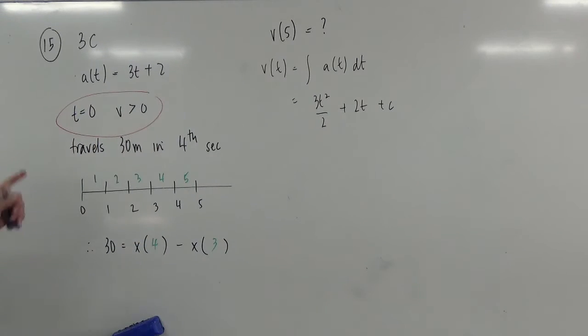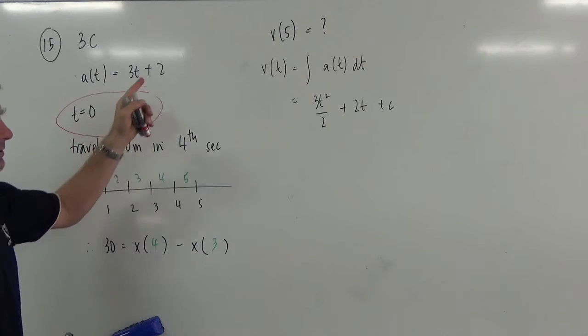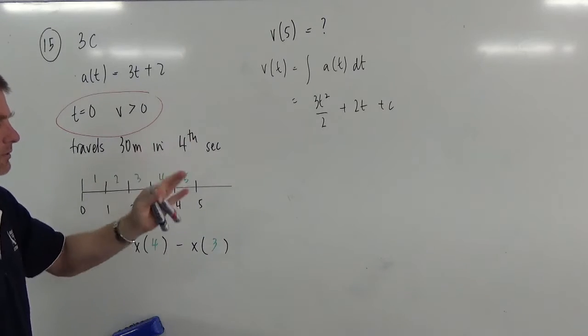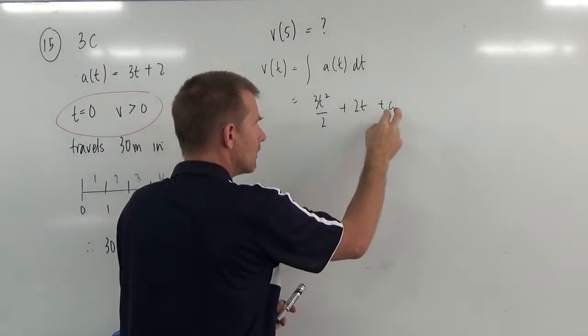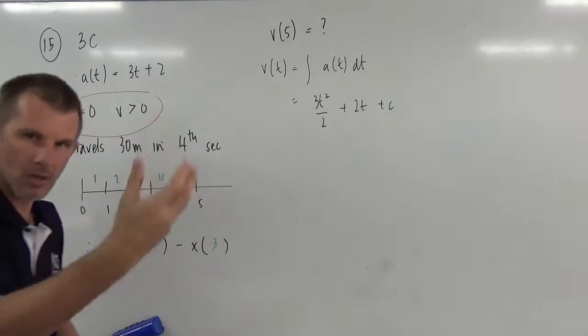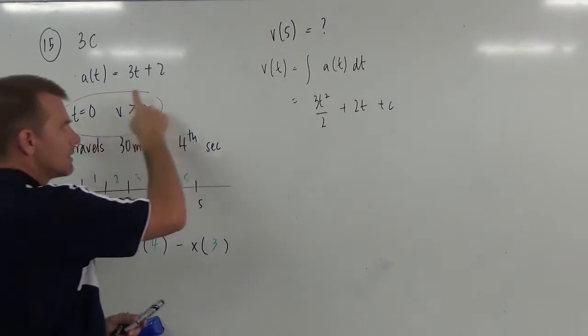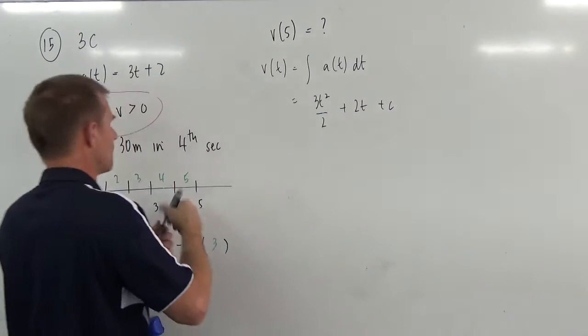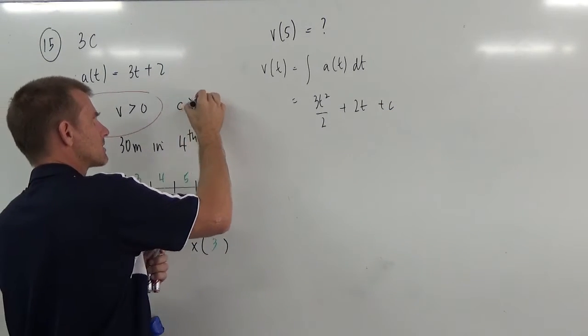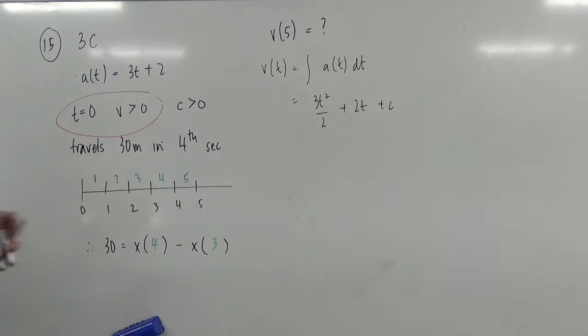Because when t equals 0, the velocity's got to be positive. If I put t equals 0 in here, then that means that c must be greater than 0. Putting 0 in will mean that both of these are 0, so c. I think really this is telling me that c must be greater than 0. I don't think I can get much more than that at this stage.